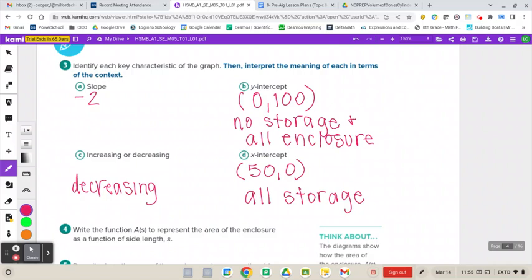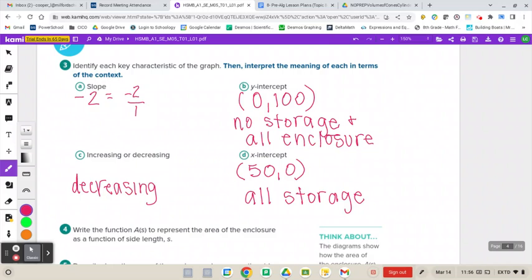You agree that it would be -2 over 1, correct? So maybe when one goes down 2, the other goes up 1.